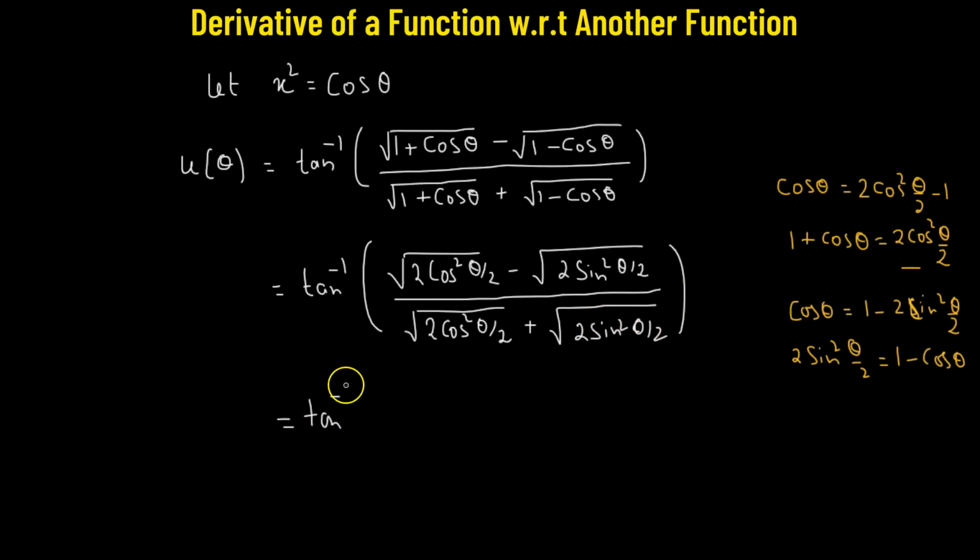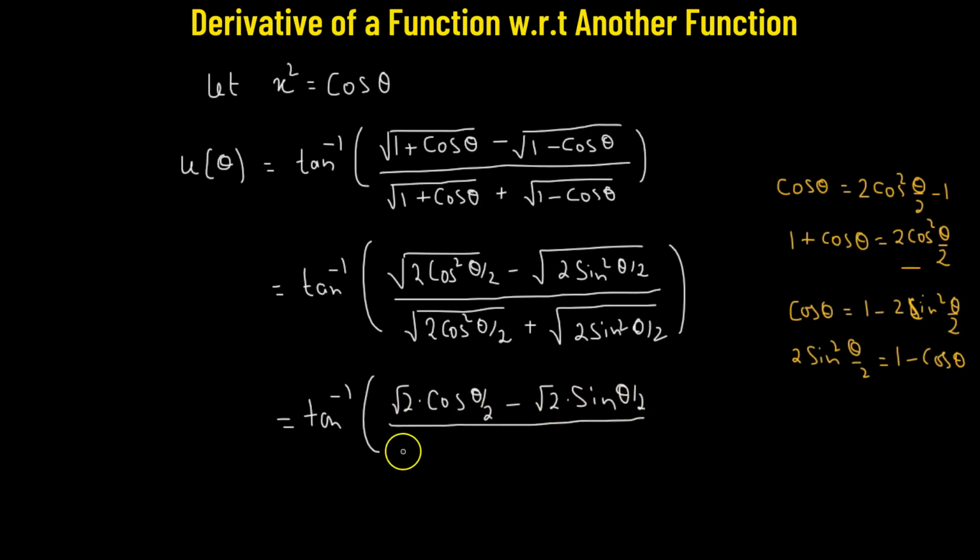This gives us inverse tangent of square root of 2 times cosine theta over 2 minus square root of 2 times sine theta over 2, whole thing divided by square root of 2 times cosine of theta over 2 plus square root of 2 times sine of theta over 2.